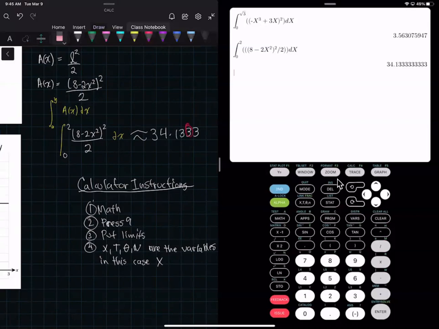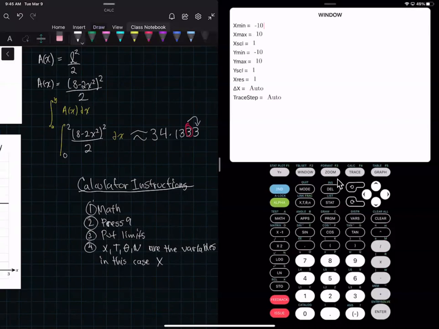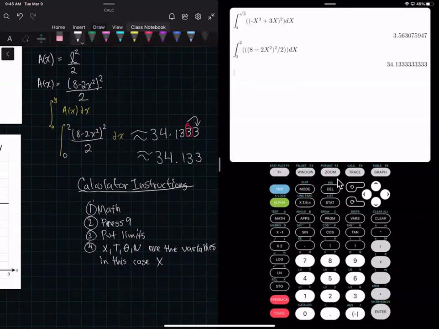Oh, yeah, it is. So 34.133. Any questions on this? Preguntas, please ask.